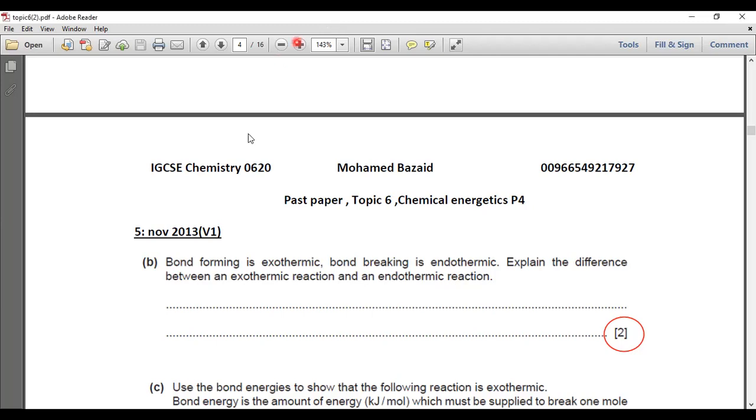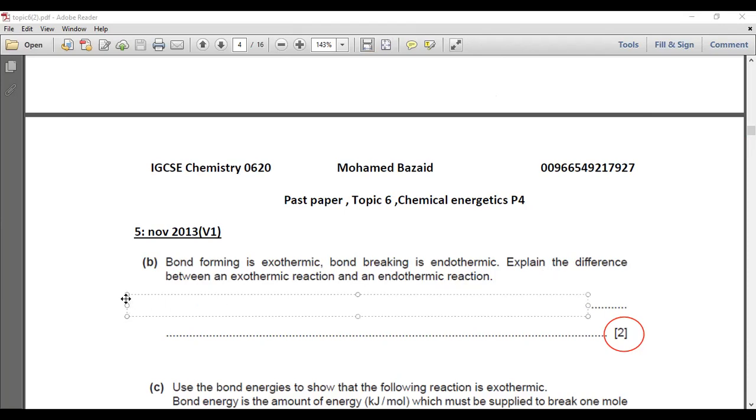I need the definition, Mazen. No, I don't need this definition. Exothermic reaction is the energy which releases thermal energy to the surroundings. Endothermic reaction is the energy which gains energy from the surroundings. If you need to gain 2 marks, you have to follow my instructions step by step.